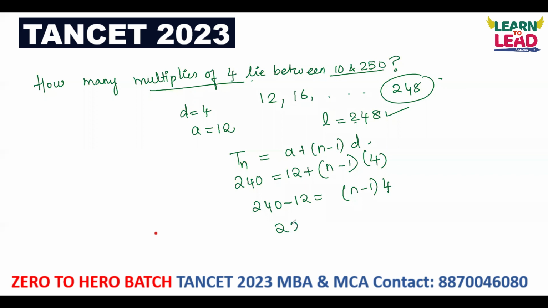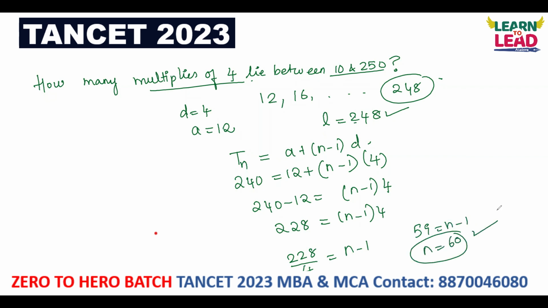So 236 is equal to n minus 1 into 4. So 236 by 4 is equal to n minus 1. So 59 is equal to n minus 1. N is equal to 60 is your answer.